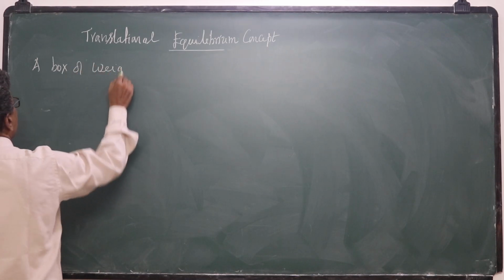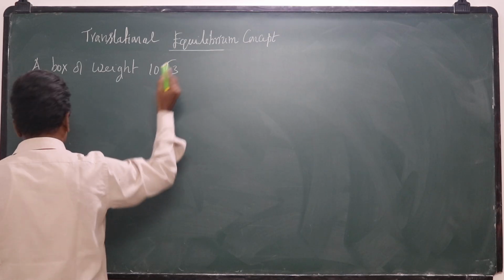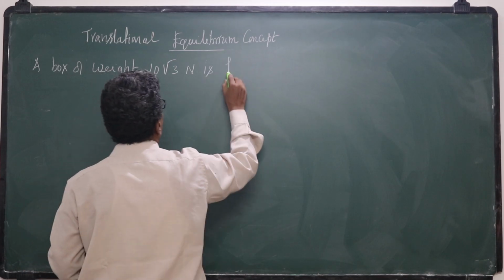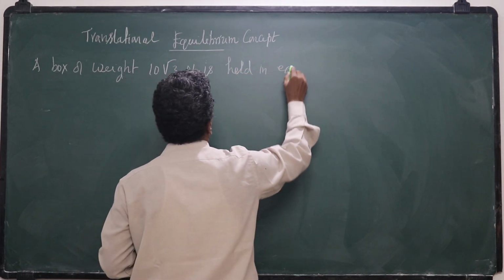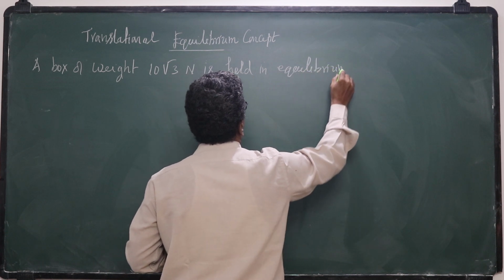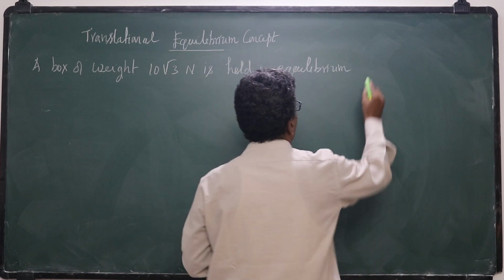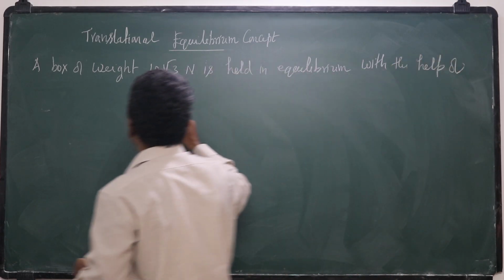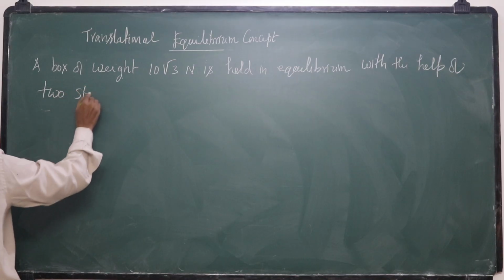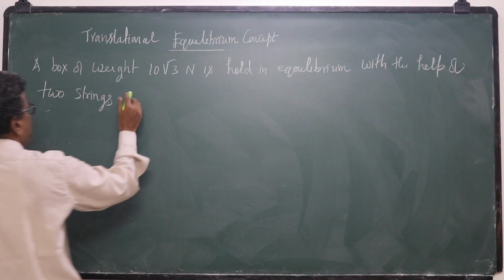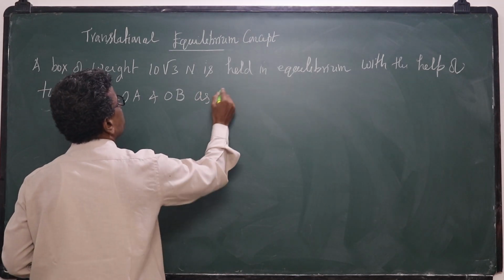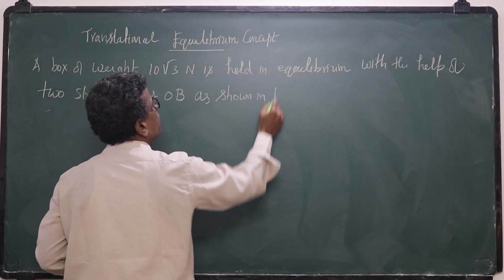A box of weight 10 root 3 newtons is held in equilibrium with the help of two strings, OA and OB, as shown in the figure.